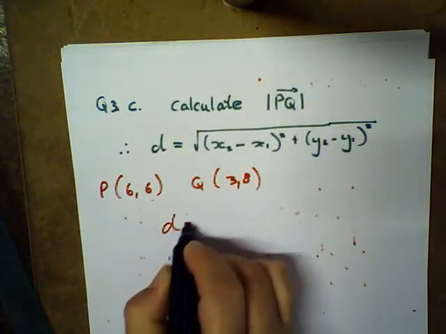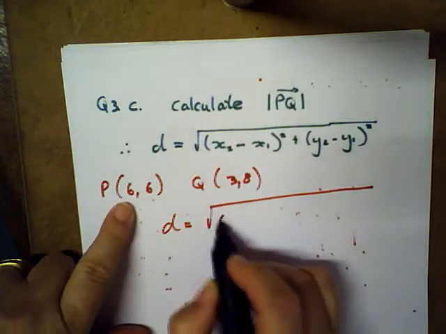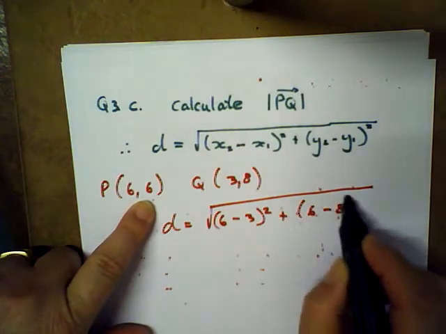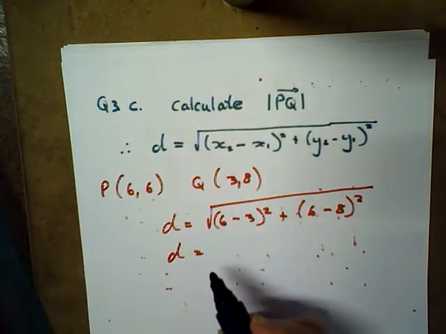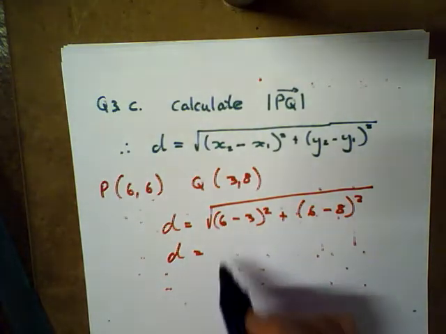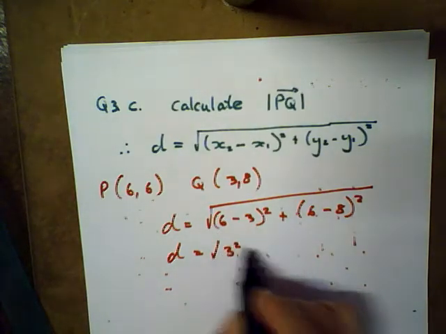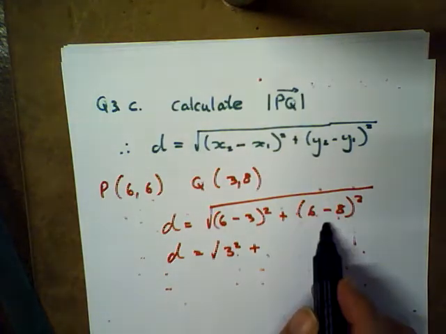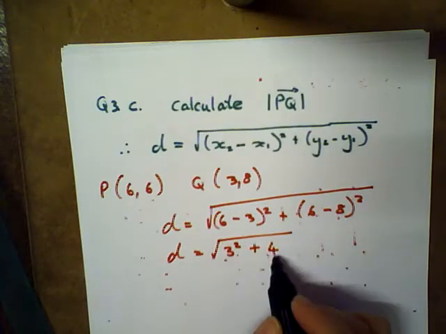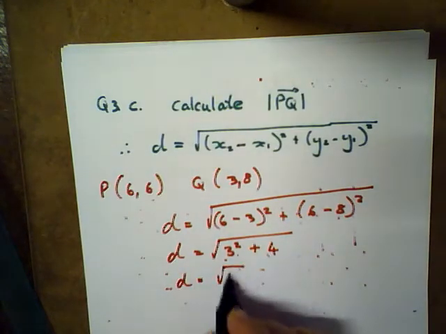I substitute those values in. 6 minus 3 squared plus 6 minus 8 squared. It doesn't matter in which order you do them. That would give us 3 squared plus -2 squared, so 4. So it's 9 plus 4 is 13. So D equals the square root of 13.